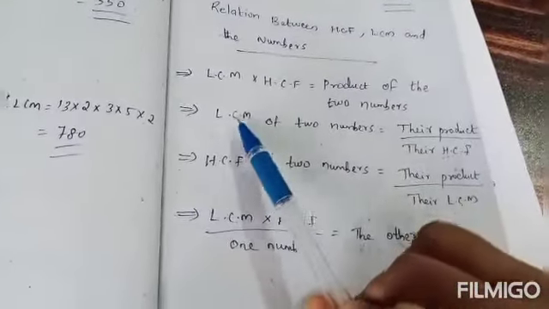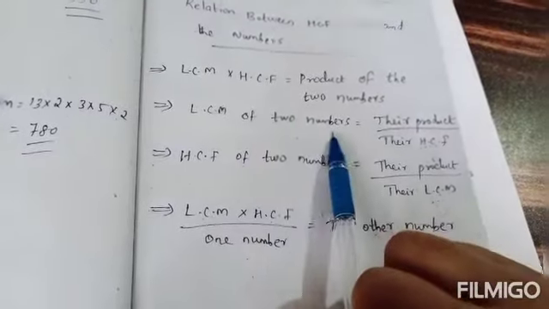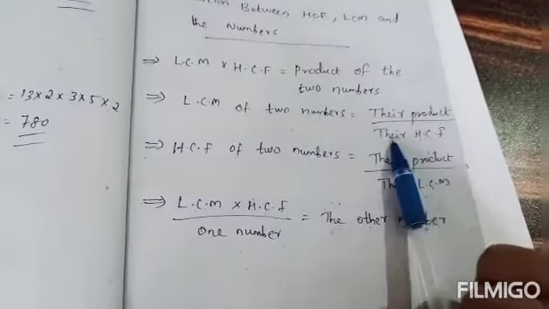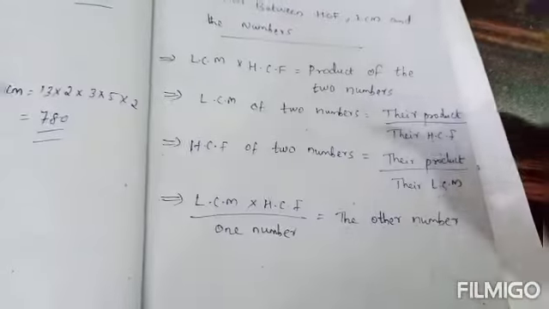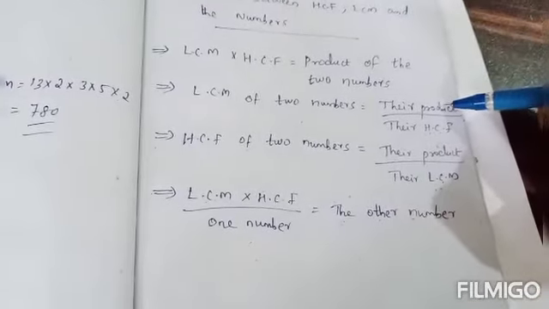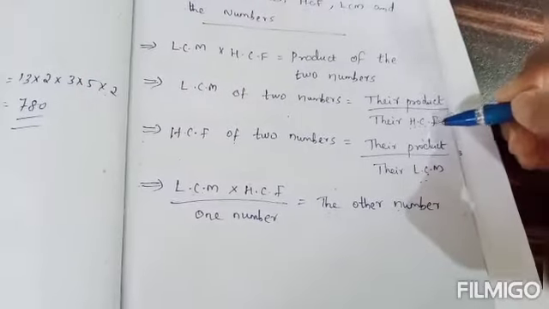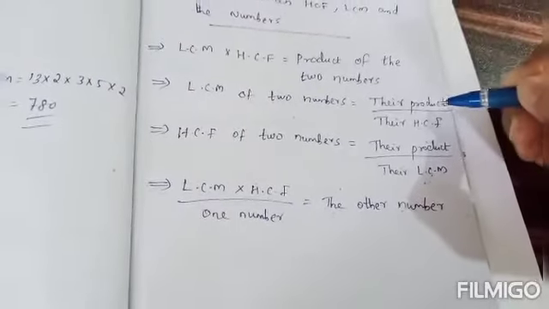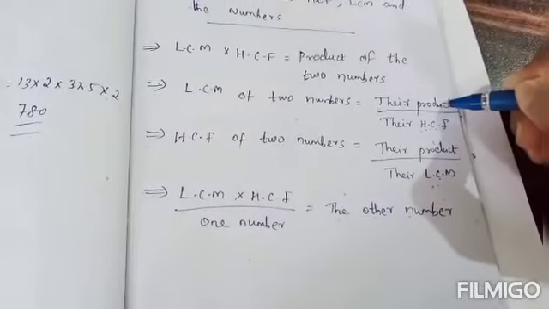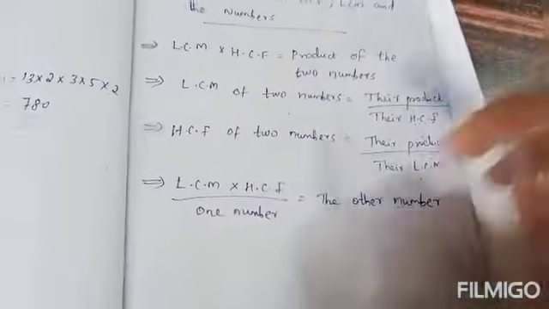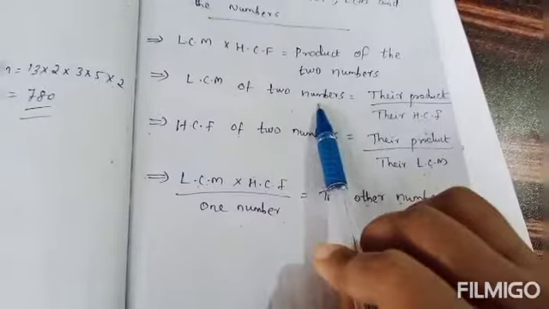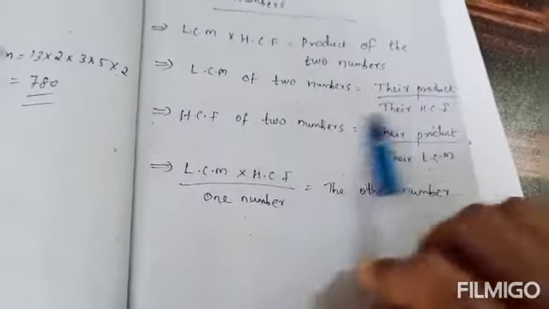Okay, next LCM of two numbers equal to their product by their HCF. If two numbers are given, you can find their product and you can find their HCF also. Okay, if you have the product of the numbers and the HCF, you can find the LCM of the numbers by using this formula.